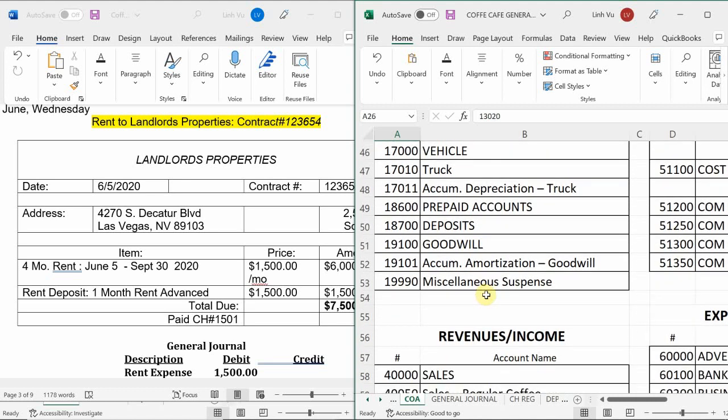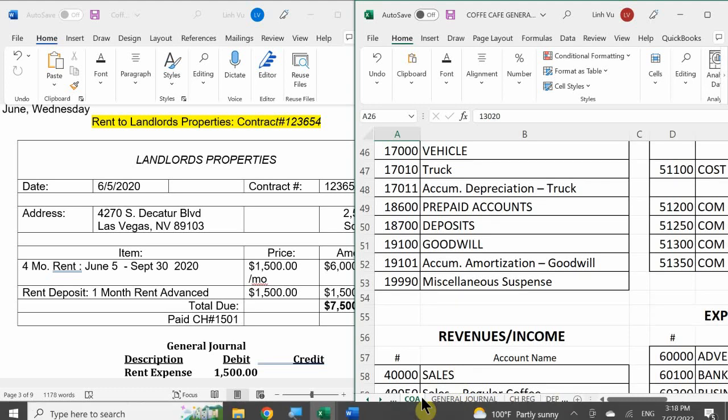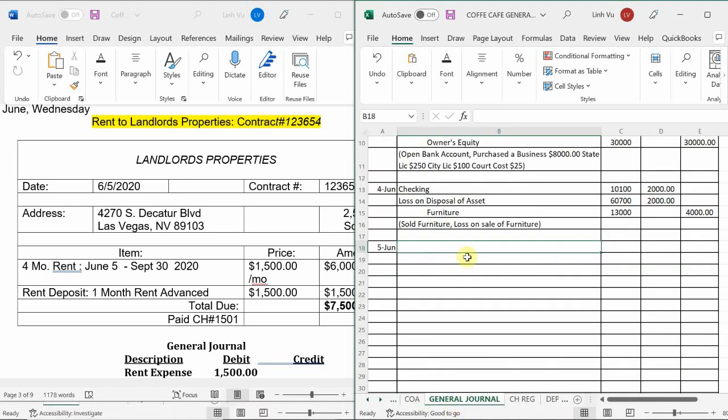What else do we also pay for? Your deposit. We also made a deposit. So we have deposits right here, 18,700. So prepaid rent is 18,600 and 18,700 is the deposits. Let's go ahead and journalize our transactions. First off, let's recognize what we purchased.